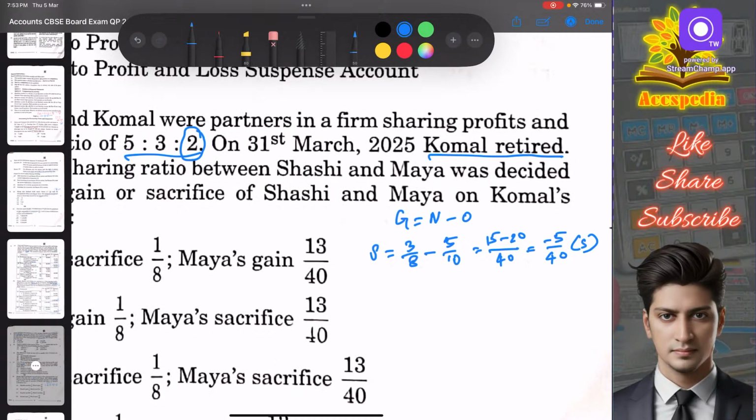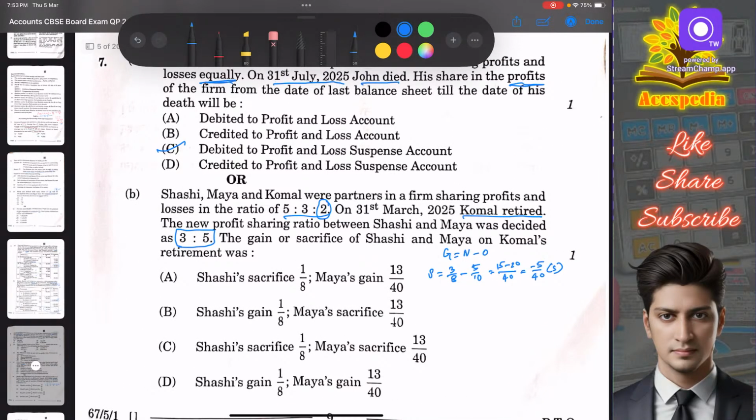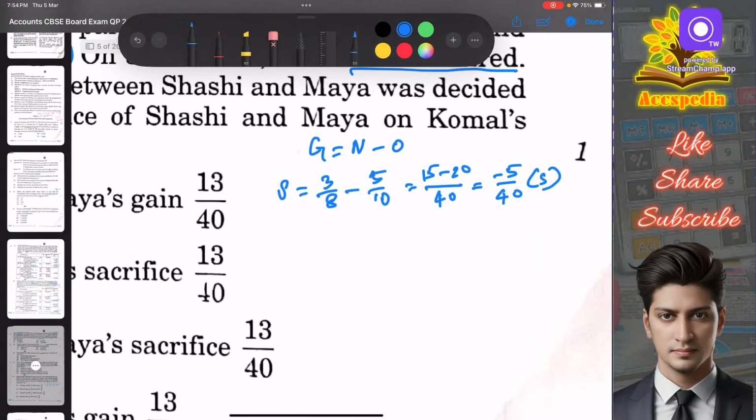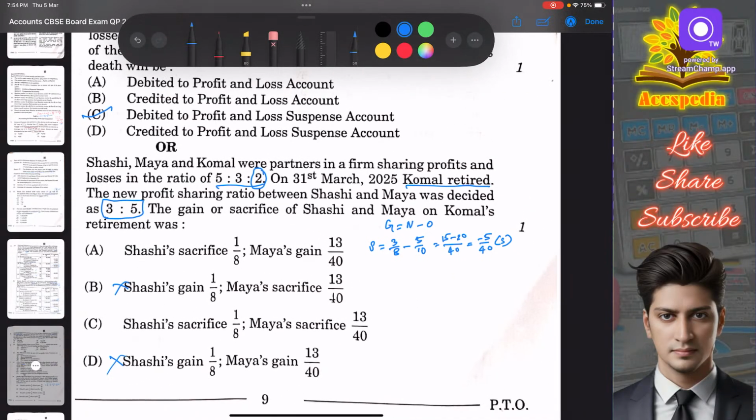So she sacrificed. Let's check Sasi sacrifice. So this is not correct. And Sasi sacrifice is 1/8. 5/40 means 1/8. So let's calculate for the other one, who is Maya.